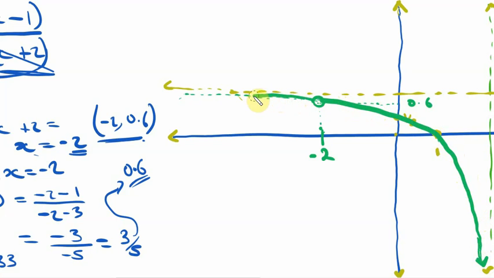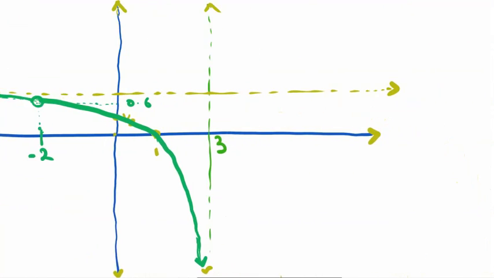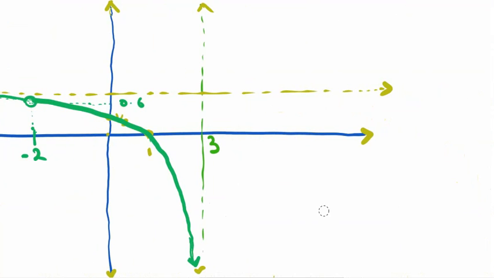And then it has a hole. So there's our graph in this region. Here we can already see it should be in this region, but let's make sure.